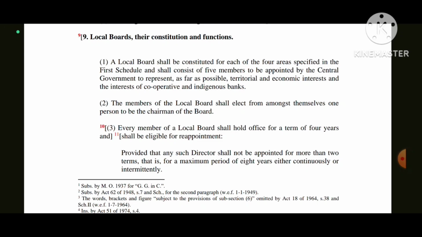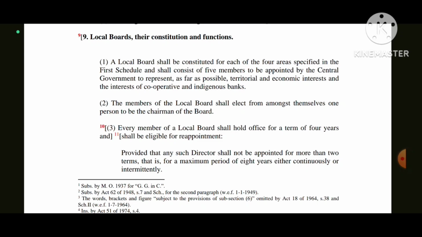So 4 local boards are there and each shall consist of 5 members to be appointed by the central government.